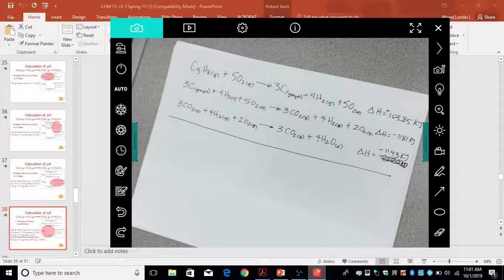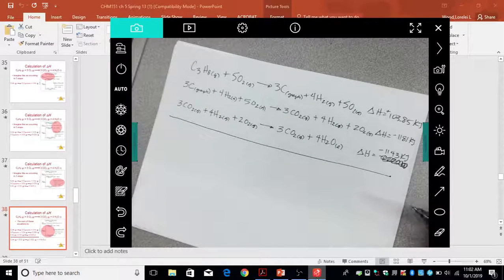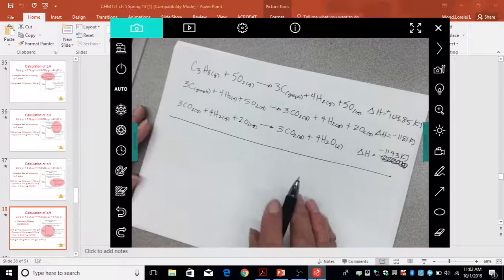So anything you cross out is called an intermediate. This reaction doesn't go straight through from reactants to products. It takes place in a series of 3 different steps. When you get to Chem 152, you're going to learn about kinetics, which is the rate of the reaction, as well as reaction mechanisms, which tells you why each of these 3 steps happens independently of each other. But before we go there, and next semester, let's just talk about Chem 151.